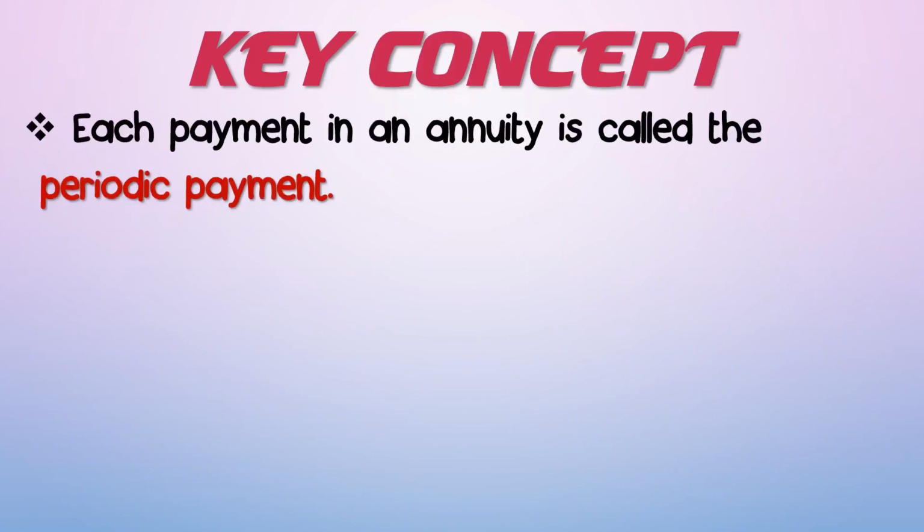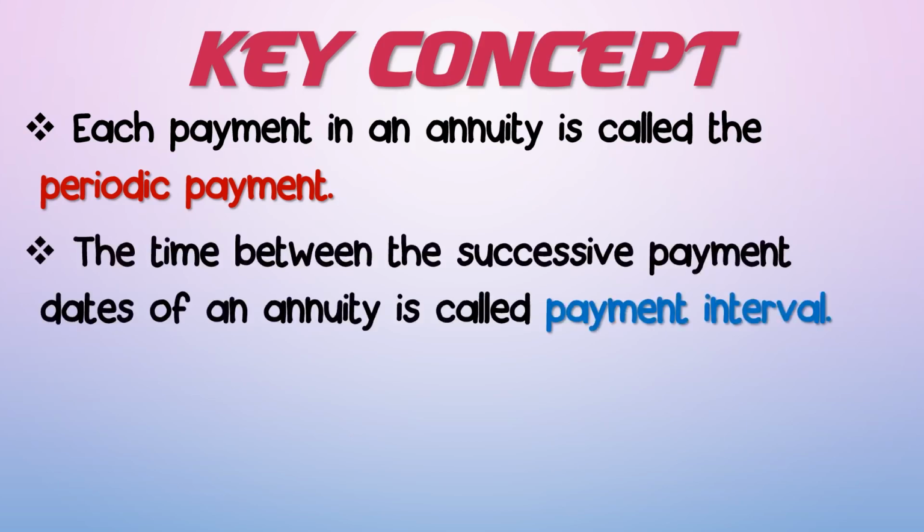Other concepts that you need to understand related to annuities are the following. Each payment in an annuity is called the periodic payment. For example, 5,000 pesos. The time between the successive payment dates of an annuity is called the payment interval. Example, 5,000 monthly.